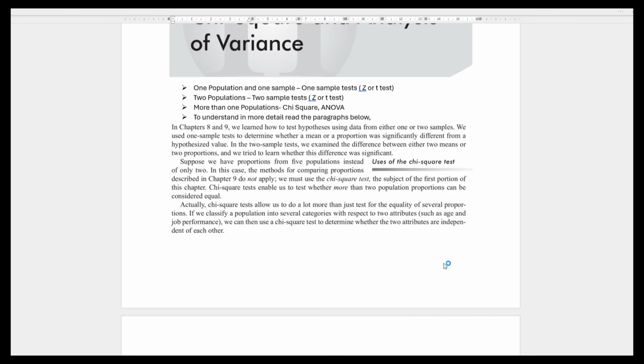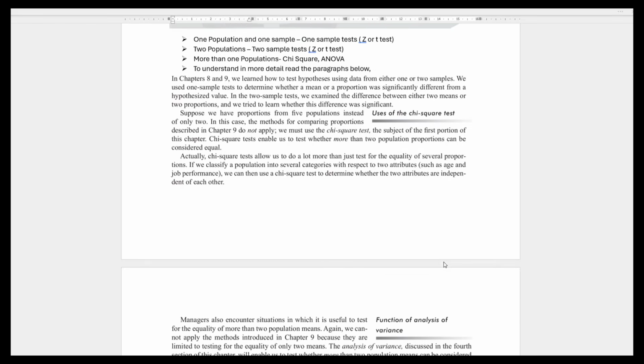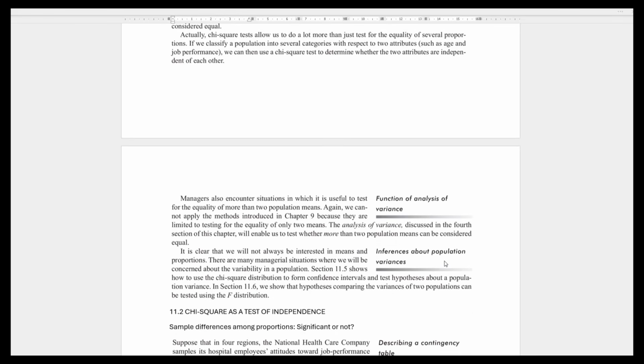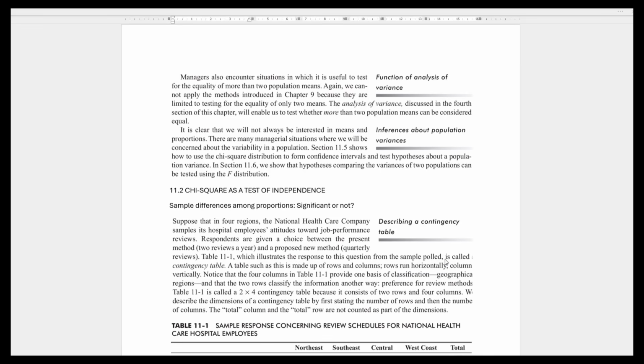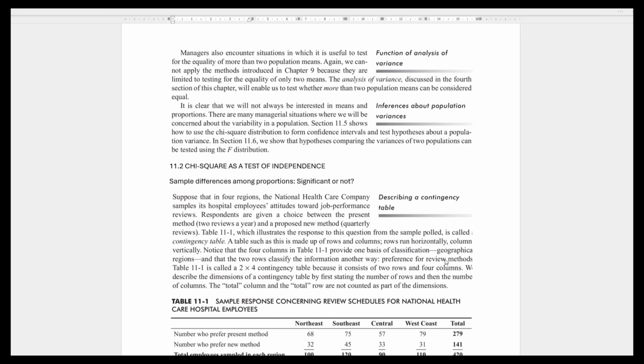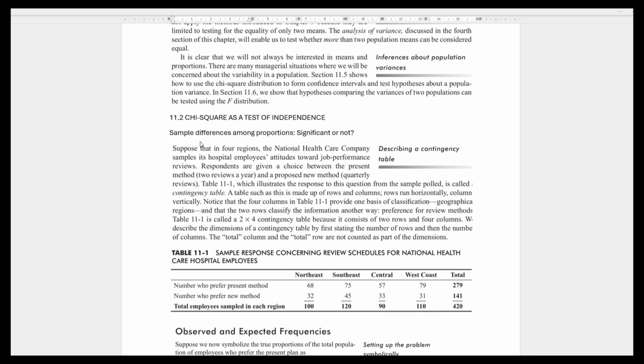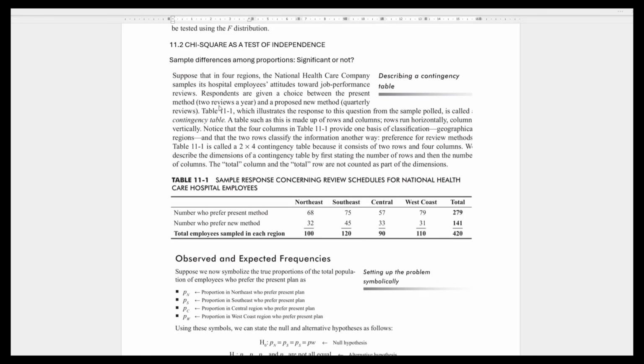Okay. So chi-square we can use for various purposes. It can be used when we have different samples and we have proportions from those samples, and we ask whether those different sample proportions have a significant difference among themselves or they are coming from the same population.